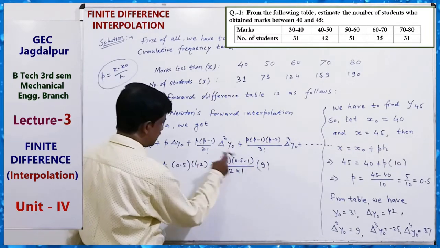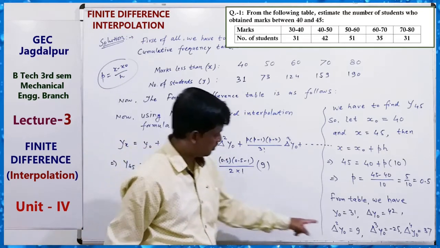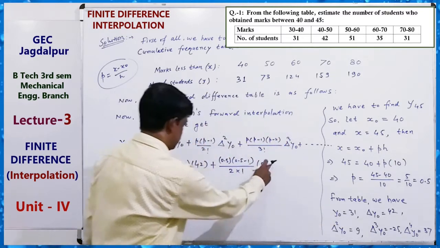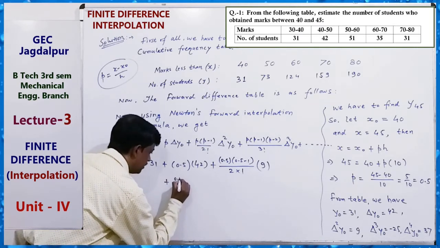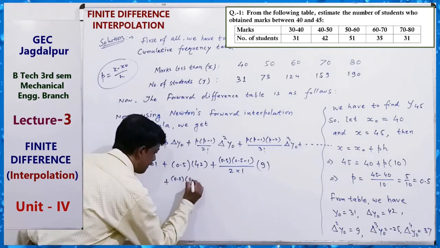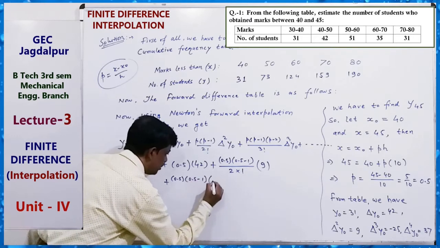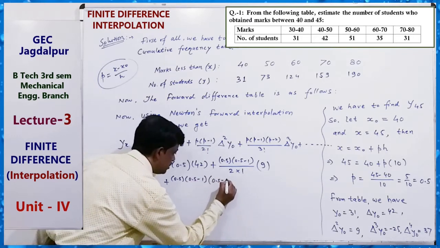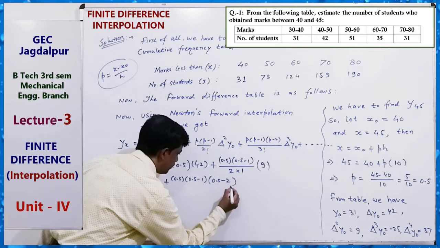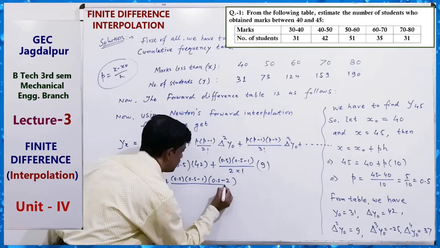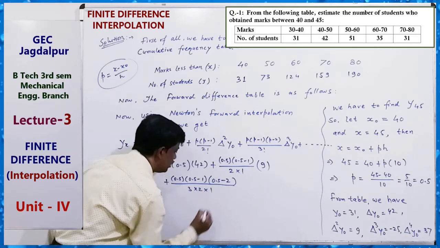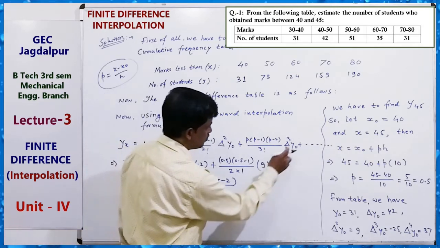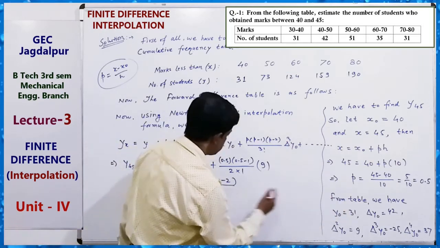So this is the second difference 9, and then plus p minus 1, p minus 2 upon 3 factorial, 3 into 2 into 1, into third difference minus 25.